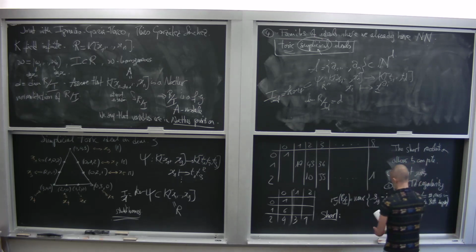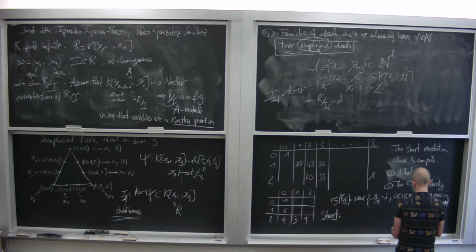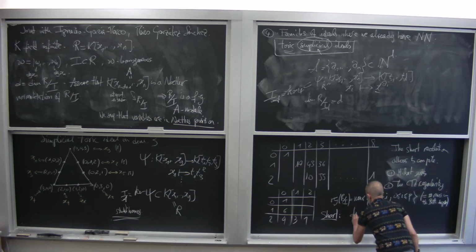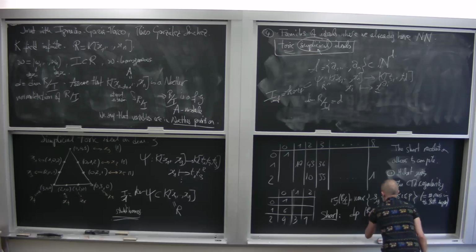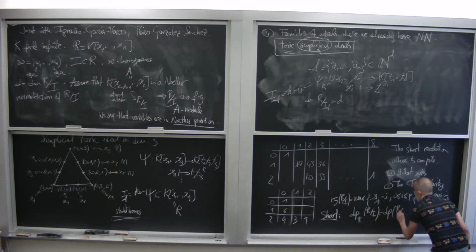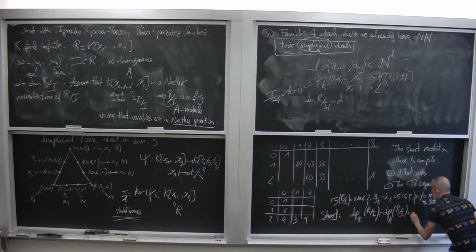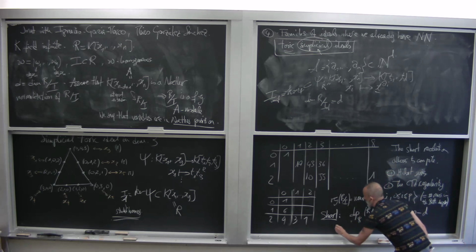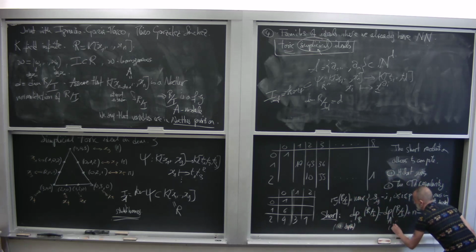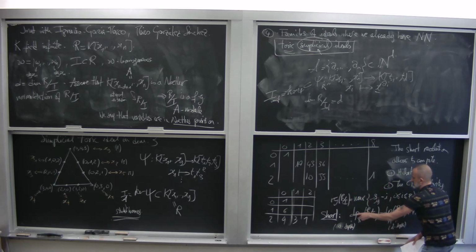Okay, so what we have is that the projective dimension of R over I seen as an R module is the projective dimension of R over I seen as an A module plus n minus d. Because this is by Auslander-Buchsbaum n minus the depth, and this is by Auslander-Buchsbaum d minus the depth. Okay, so this gives this equality.